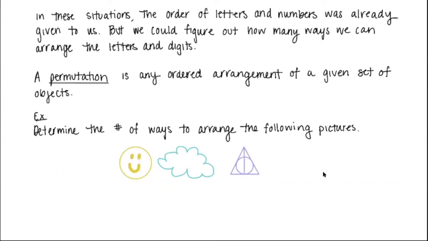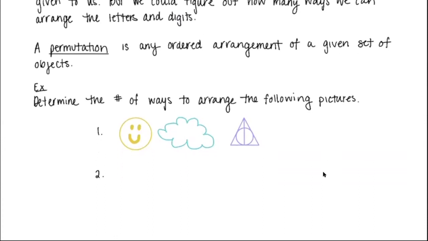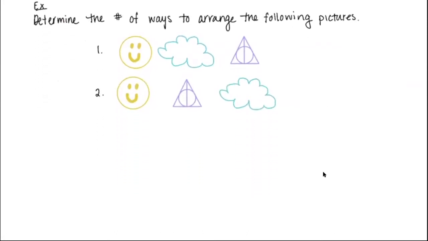Okay. Well, really, this is one way we can arrange those 3. The second possibility is I can still keep my smiley face right up front, but then I can switch the order of these 2. So I can put my Deathly Hallows symbol followed by my cloud. Third thing I can do is, well, I've exhausted my possibility of my smiley going first.